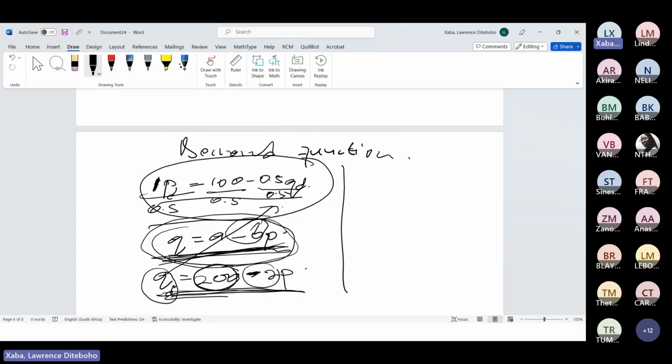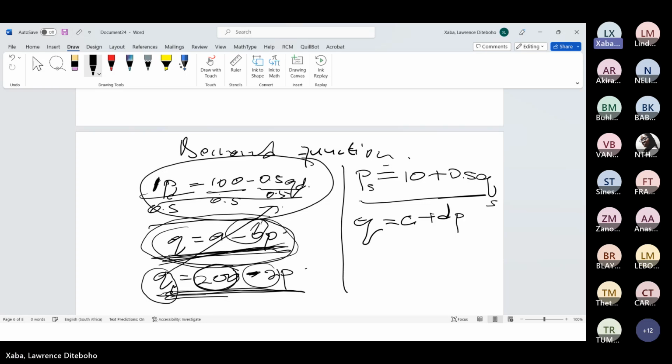So we move on. The second one is P subscript S equals 10 plus 0.5 Q subscript S, which is not in the normal standard form that we know, where we say Q equals C plus D times P. So now we'll have to transform it again, so it can look like this.